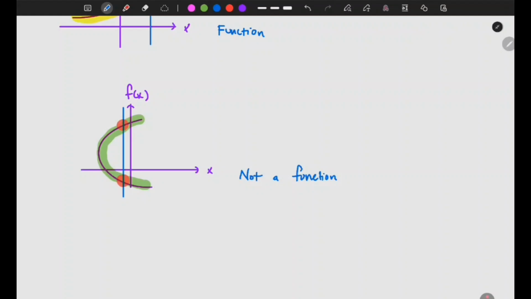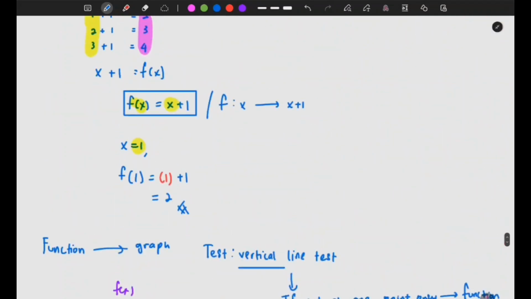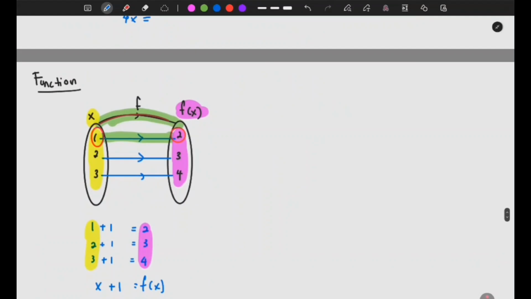So this is how you identify a function if they give you a graph. And if they give you an arrow diagram, as you know, it's either a one-to-one relation or many-to-one. Only this.